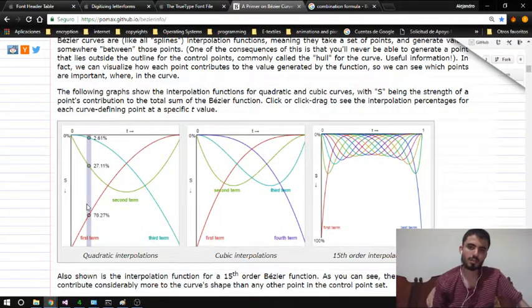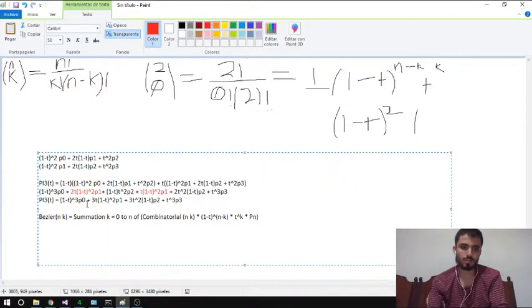Okay, so the weight of the point to the total sum of the Bezier function. So we have 1 point, and then we have another point. So you see here we have P0, P1, P2, and P3. And here we have P0, P1, P2.